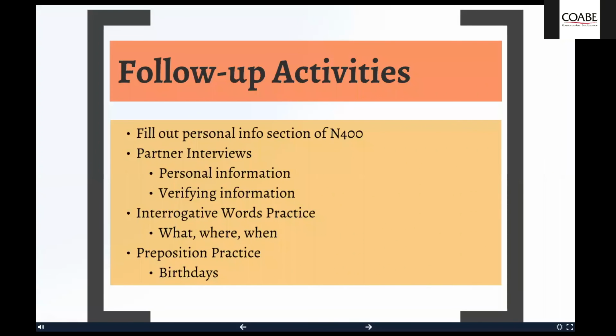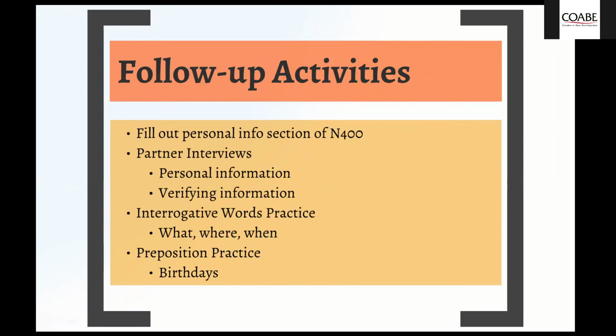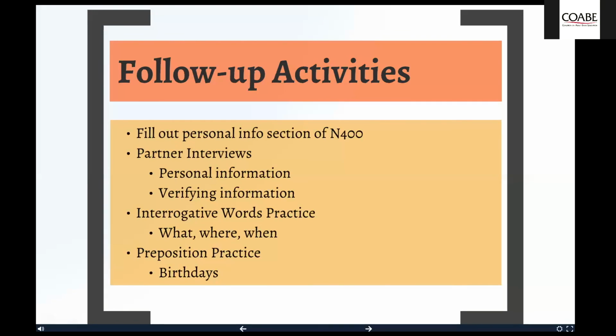Some follow-up activities to that icebreaker would be to have the students fill out their personal information section of the N400 form, which is the form that individuals have to fill out when they apply for citizenship. It is a very long form, and it can be downloaded on the USCIS, the Immigration Services website.